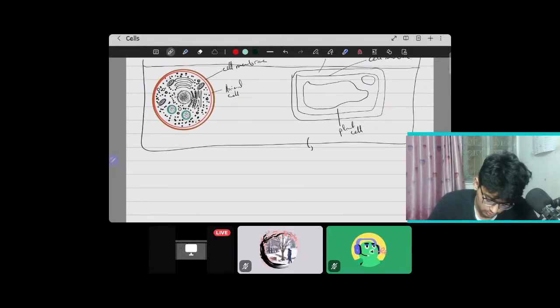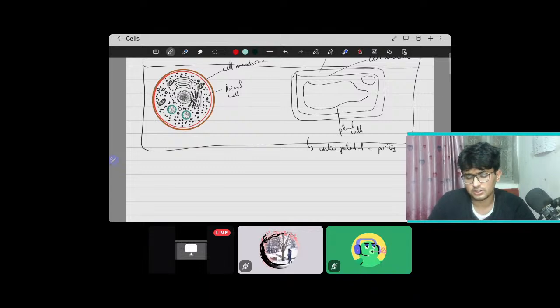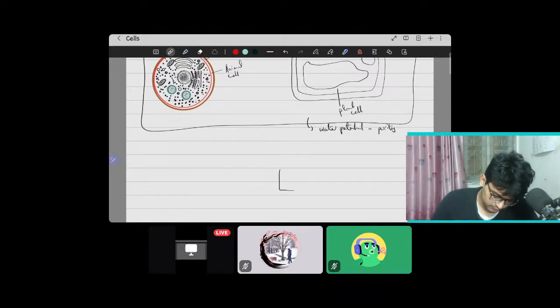So the water potential is the purity of water, yeah? You can say that, although it means how much water molecules are present in comparison with other molecules. So for example, this is a glass of water, and this is distilled water, pure water. And this is a glass of water.